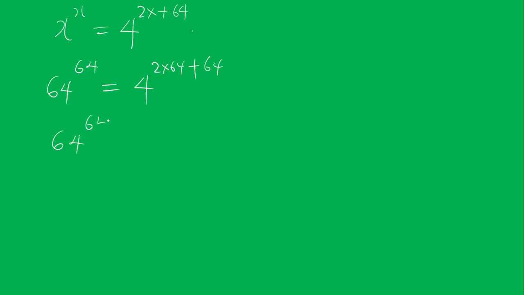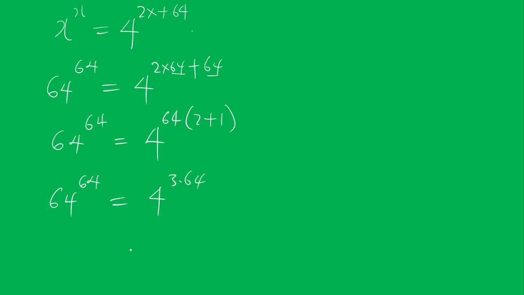So 64 is common. We factor it out, and you have 64 times (2 plus 1). Now you have 64 to the power of 64 is equal to 4 to the power of 3 times 64.